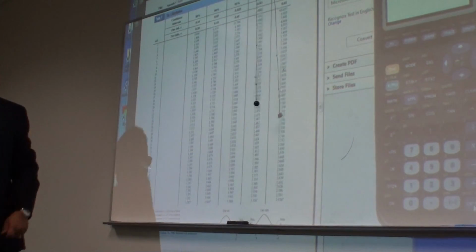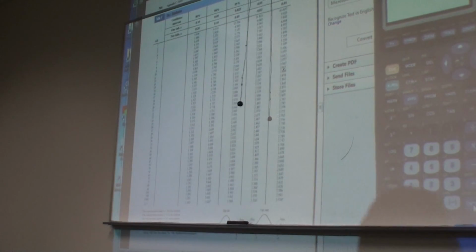The next table is going to be the chi-square table, which is the one that we use for standard deviation. And that one also is very, very easy too.